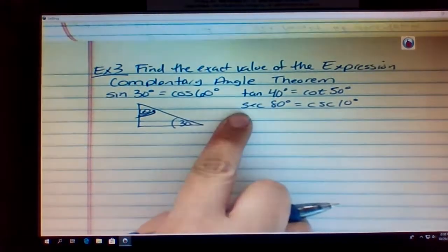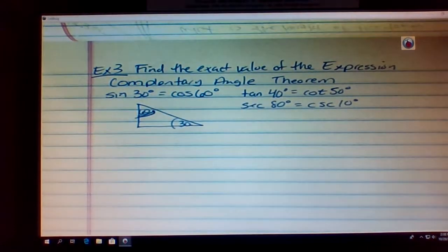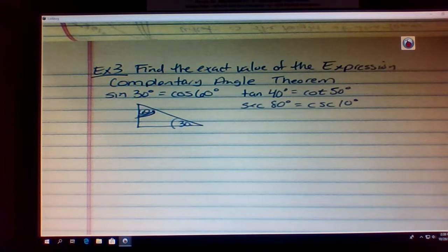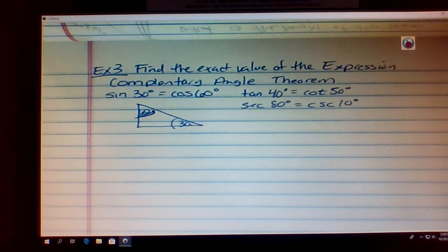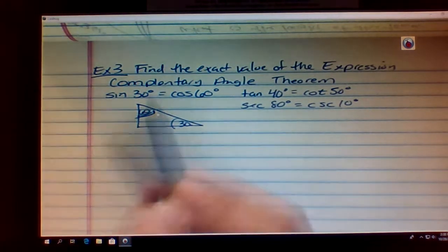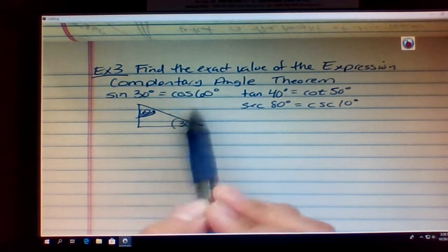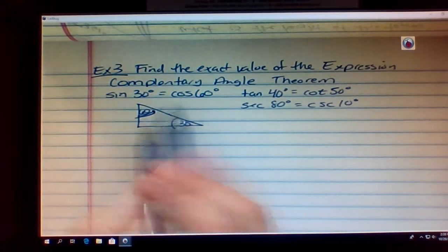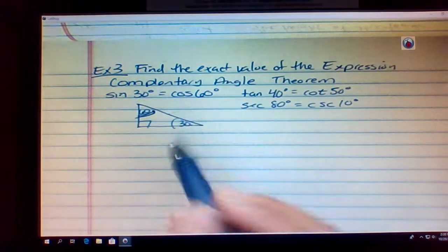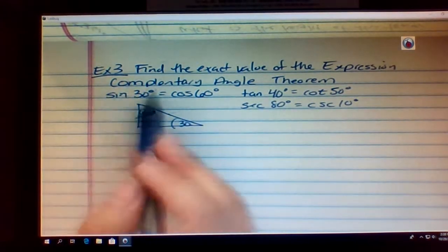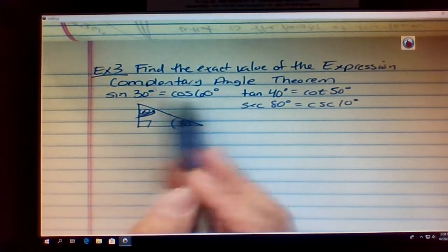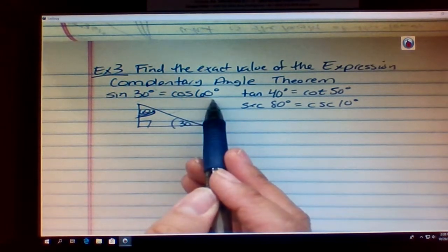You don't have to put those numbers in the triangle. They're trying to say that sine of 30 is the same thing as calculating cosine of 60. They're equal to each other.